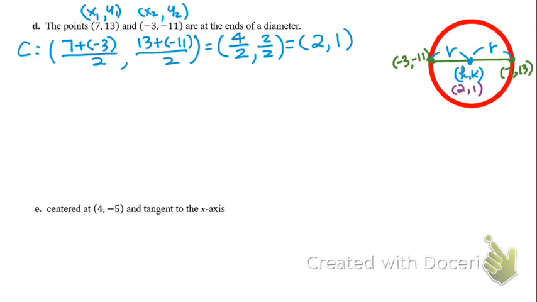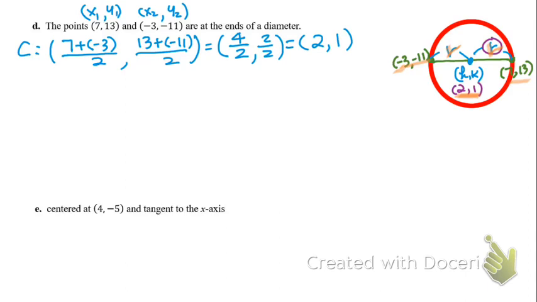So what do we need? We need the radius. Now, how do we find the radius? You have a couple of options here. You can use the center that we just found and one of the two points to find the radius, because that's a radius and that's a radius, right? You just need two points to find the distance, which is the radius.